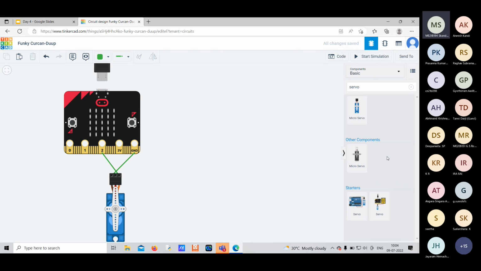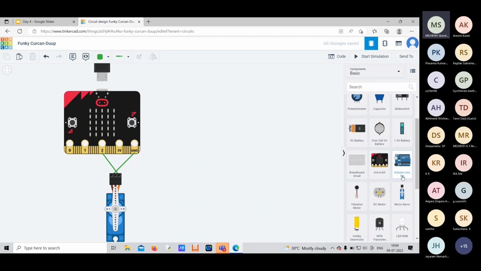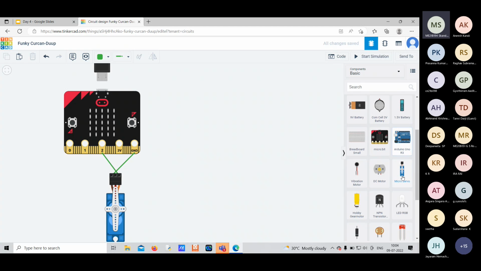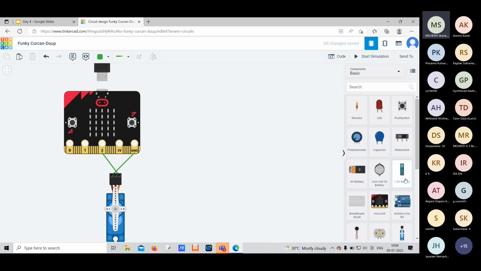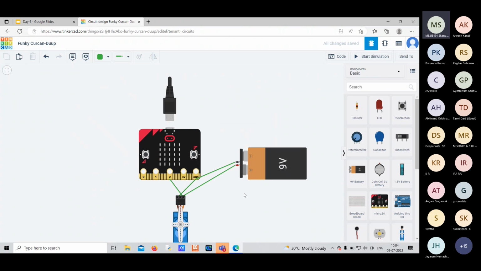So what I'll be doing is use the 9-volt battery directly, which gives a greater power input to your servo motor.